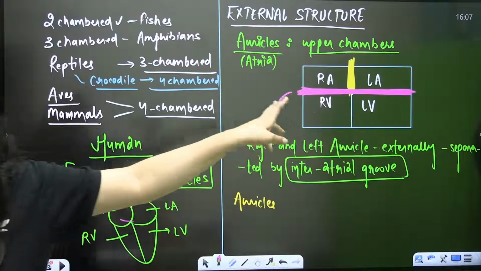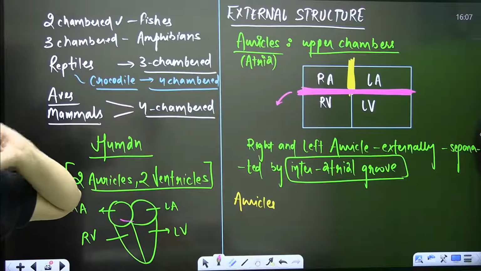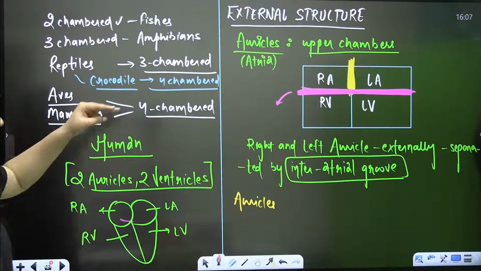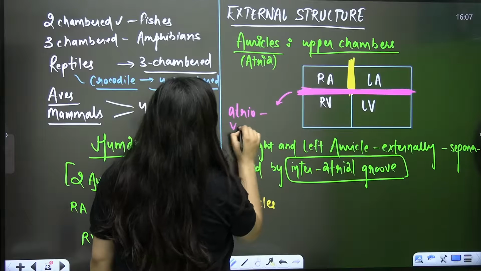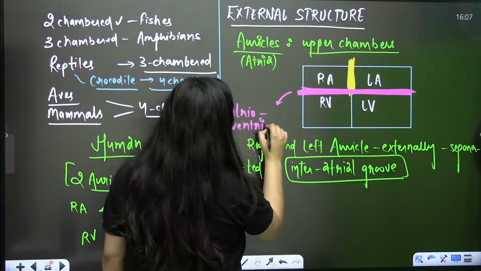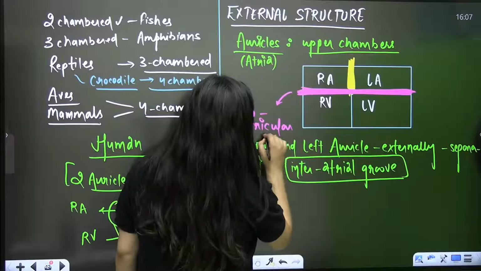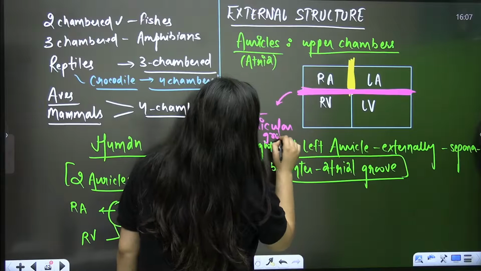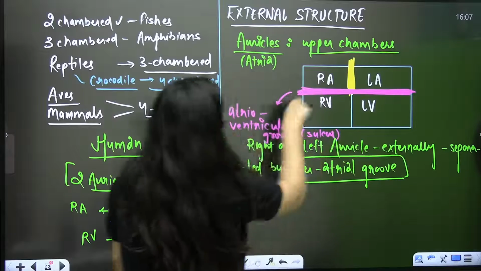Are you getting it? So there is the atrioventricular groove, or you can call it a sulcus, which separates the auricles and ventricles.